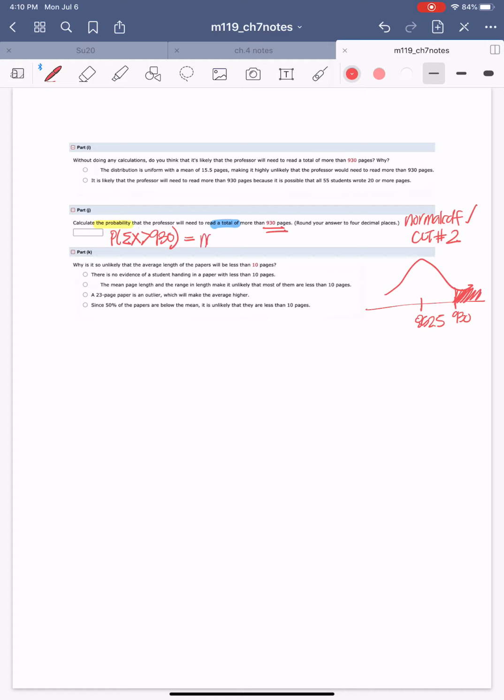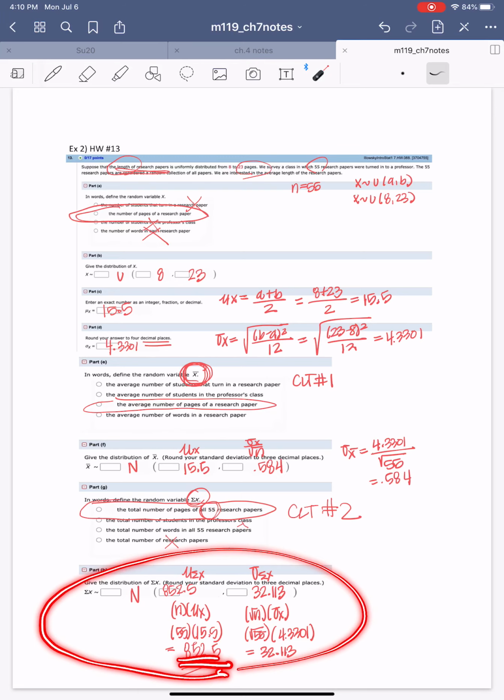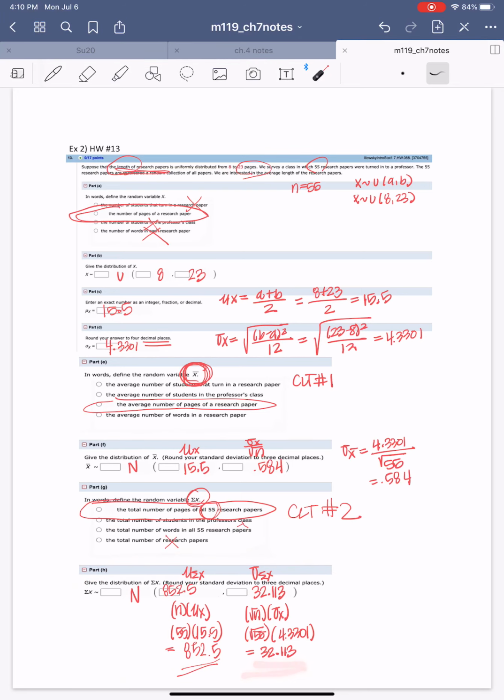So normal CDF, lower bound 930, upper bound 10 to the 99, and then we have mean as CLT number 2. So I'm looking for these two answers right there, CLT number 2, 852.5 and 32.113.